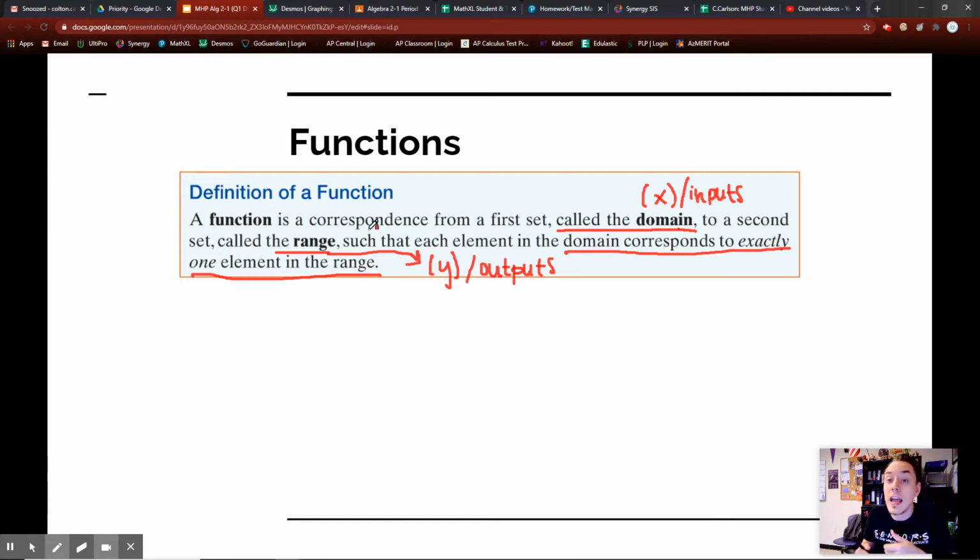In other words, you can't have multiple outputs. Why do I say that your cell phone is a function? Because if you press something, do you have multiple apps just popping up everywhere? No, because then it's not functioning properly, right? What makes it function properly is that you have exactly one element in the range, one element that's outputting.